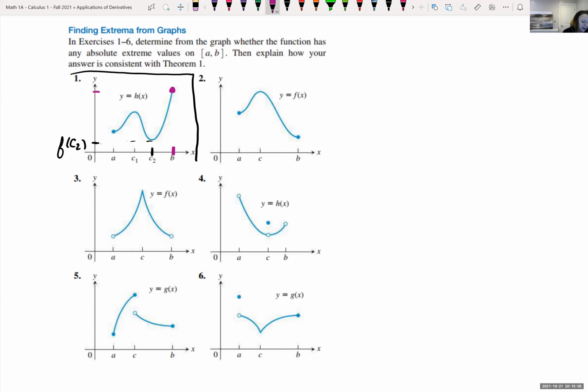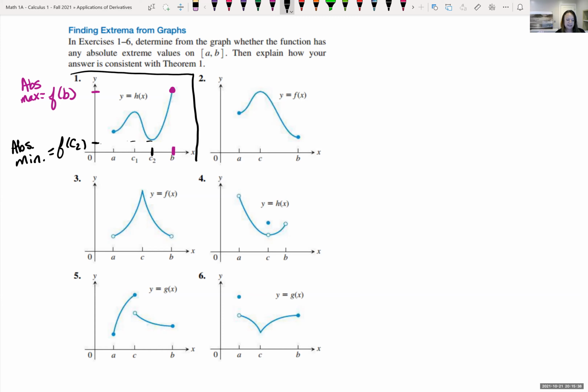This would be my f of b. So this is our absolute max, and that is our absolute min. The extreme value theorem held true again because it was a continuous function on a closed interval.